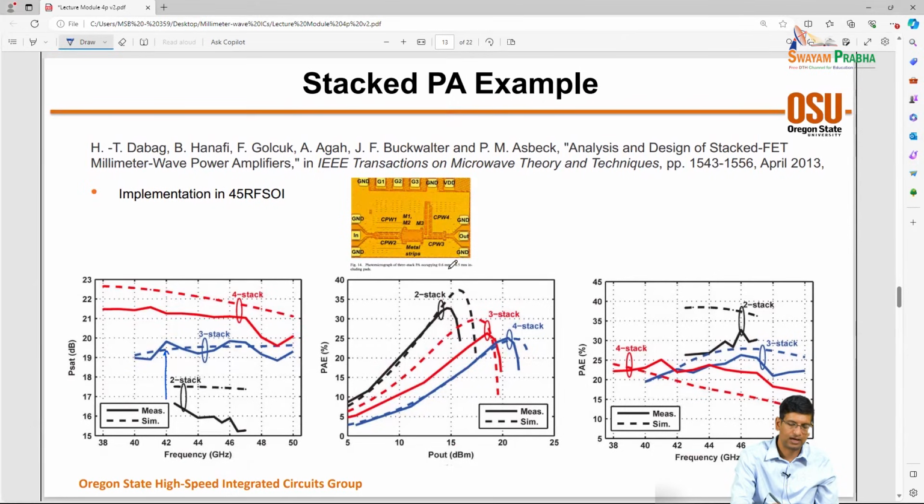So from 2-stack to 3-stack to 4-stack, power levels are going up roughly by 3 dB, right? And they also see that you can get higher output power without too much degradation in efficiency, because I'm able to operate without the need for a very high transformation ratio.